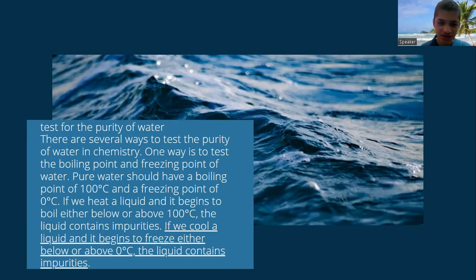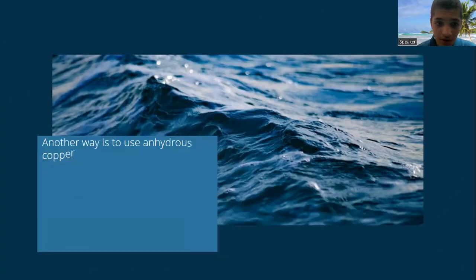If we heat a liquid and it begins to boil either below or above 100, the liquid contains impurities. And if you cool the water and it freezes at 0 or below 0, it will contain impurities.